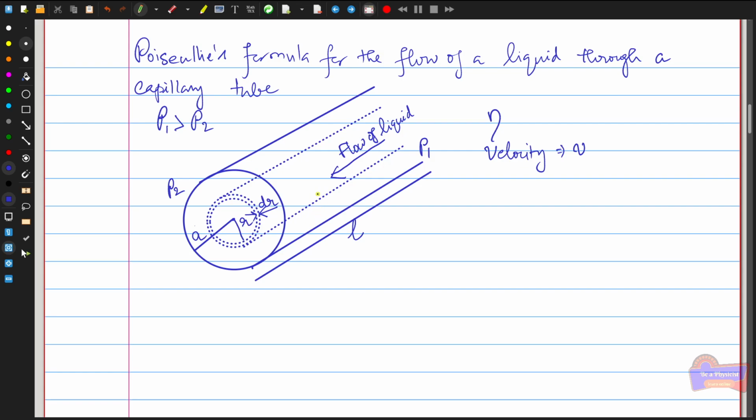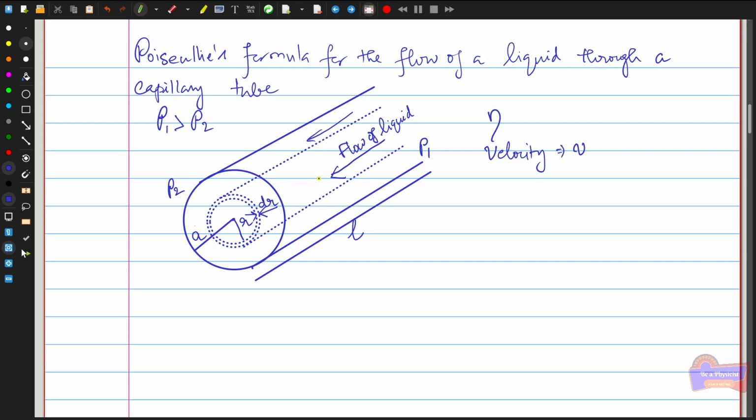We assume there is no radial flow of the water. That means the flow is only in this direction, with no flow in the opposite direction, so we assume the flow is only one-dimensional.